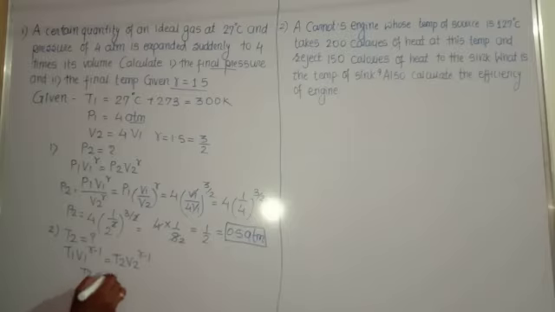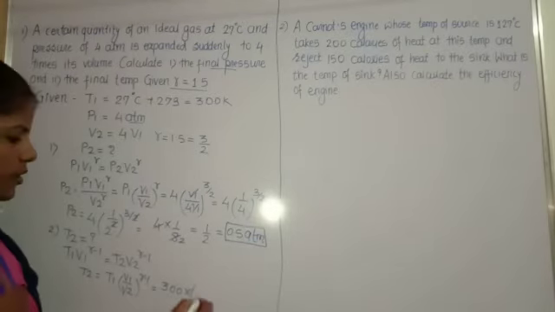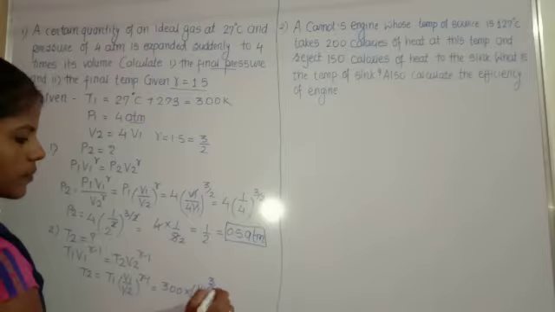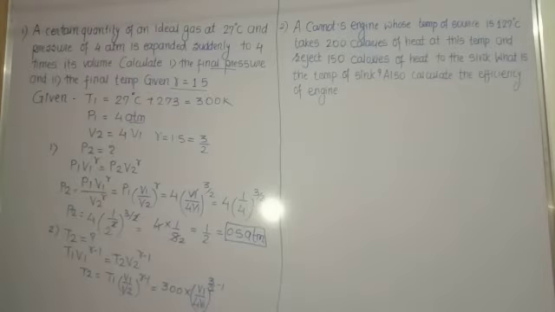T2 is equal to T1 times (V1 by V2) to the power gamma minus 1. So if we put in the values, T1 is 300 multiplied by V1 by V2, which is V1 by 4 V1, to the power 3 by 2 minus 1, that is, gamma minus 1.